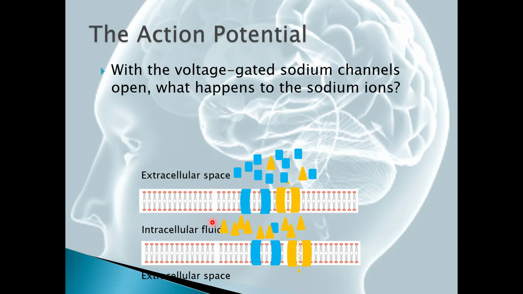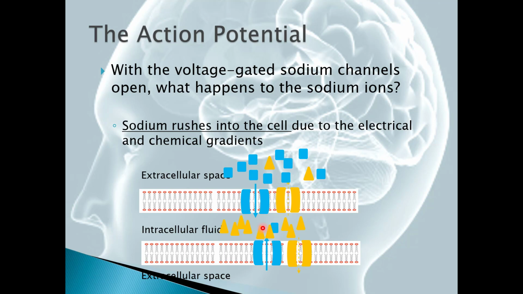We also have an electrical gradient because the sodium ions are positively charged, and at resting membrane potential and even at threshold, we're still at a negative charge inside relative to outside. So both the concentration and the electrical gradient work to pull that sodium in. So you see sodium rushes into the cell due to those electrical and chemical or concentration gradients.